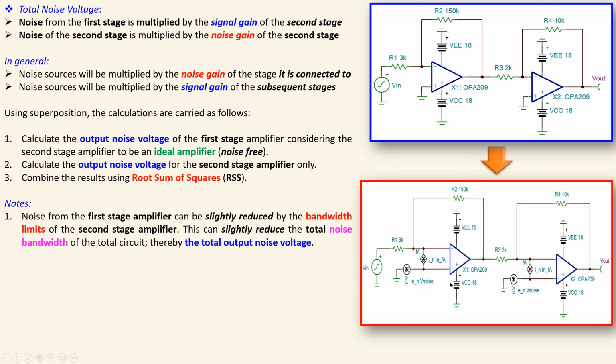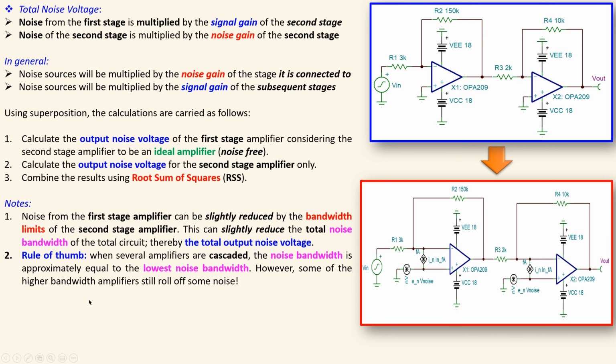So it is not exactly that the cutoff frequency of this one will be 353. That will be slightly less. This can slightly reduce the total noise bandwidth. It will of course also result in a little bit less output noise. So we will see that also in the simulations.